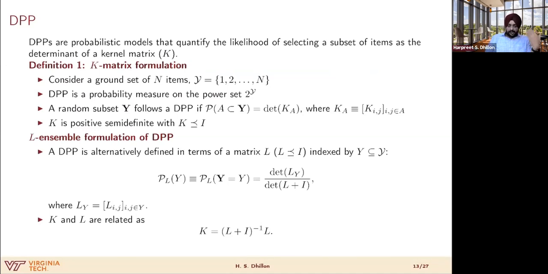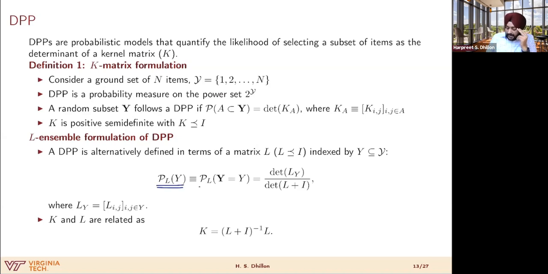There is another definition which is actually a little bit more useful for us, which is the equivalent of a PMF. Your PMF can be defined in terms of a matrix L, which you can also index in the same way as we did K. In this case, you can directly define the atomic probability of the occurrence of a given subset, P_L(Y).